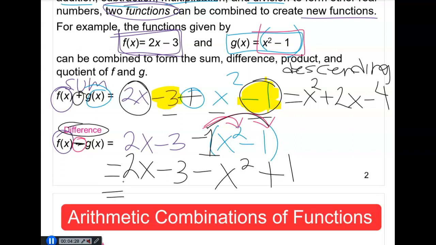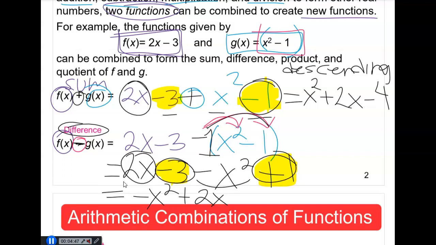And the only like terms, again, will be the constant terms. But see how we have a +1, not a -1. So we only have -x squared. Then we have a positive 2x. And then we have -3 plus 1, which is going to be -2.